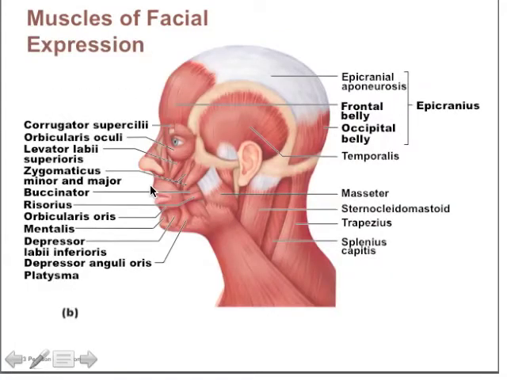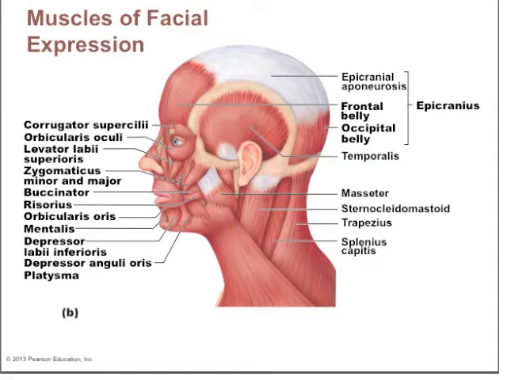And so here you can see some of the muscles of facial expression. If we start with the scalp, we have the epicranius, also sometimes called the occipitofrontalis, and it's this muscle that runs across the frontal bone of the skull and is attached by this broad flat tendon called an aponeurosis to the occipitalis, which runs across the surface of the occipital bone of the skull.